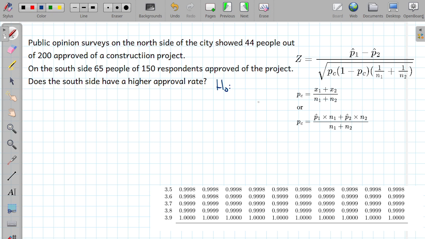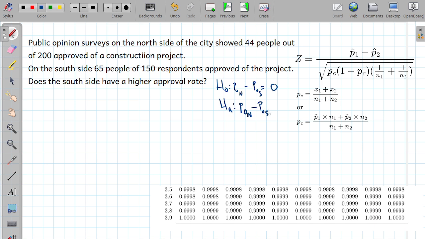We're going to go p null for the north side minus p null for the south side. Again, the null hypothesis is that there's no difference, and the alternative is that, now this is actually a good one to talk about, p north minus p south.